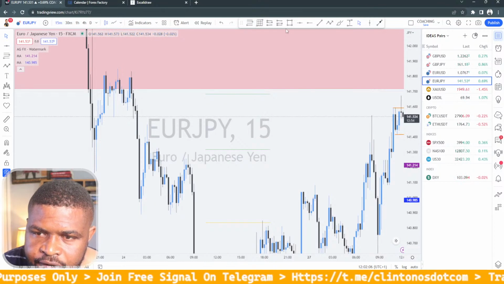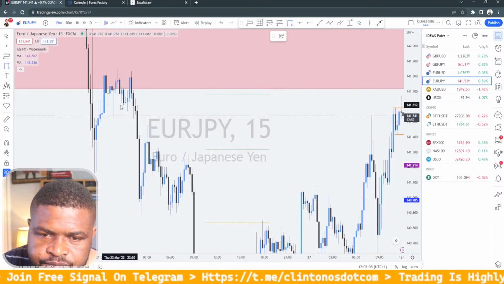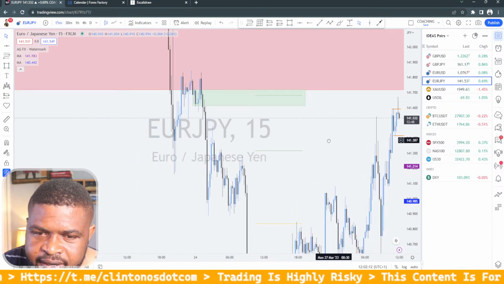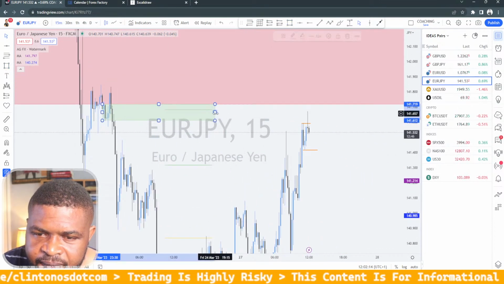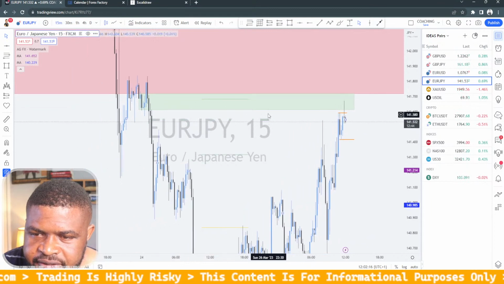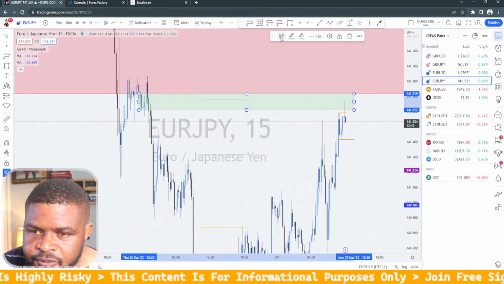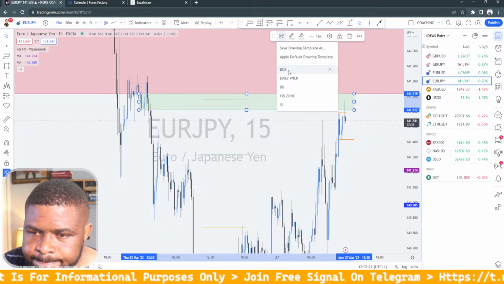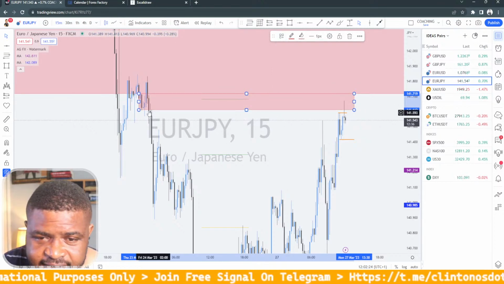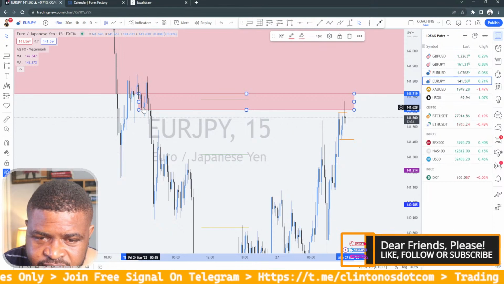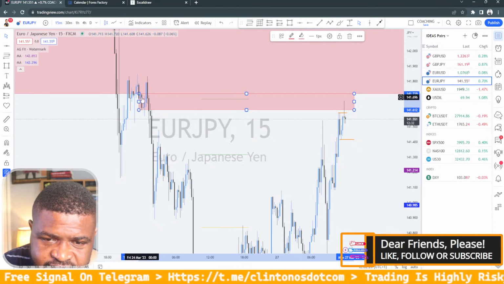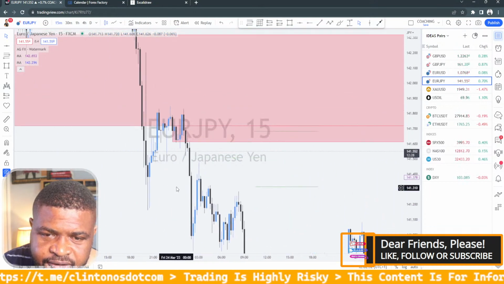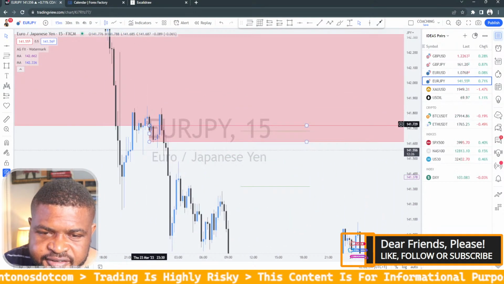Maybe, because we have kind of a breakout block right there. Maybe that's where price is rejecting from. Who knows? But looks like we have a rejection, right? If this is a breaker, for a breaker to be valid, I don't think this is a breaker.